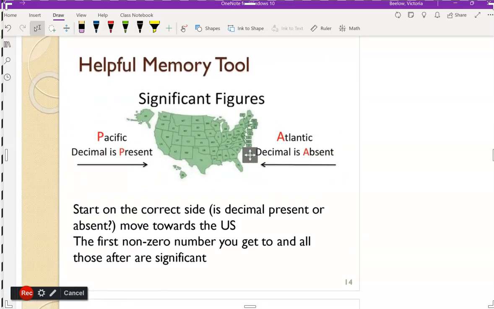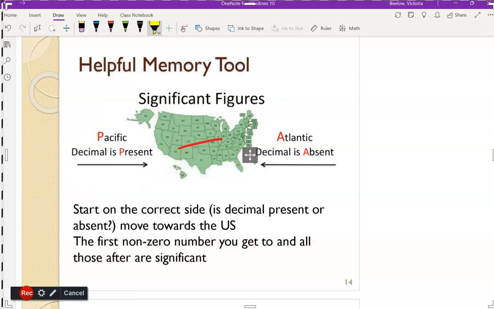And here it is. So imagine your number is here, and it's the United States. Well, to the right here, on the East Coast, we have the Atlantic Ocean. And then to the left here on the West Coast, we have the Pacific Ocean.